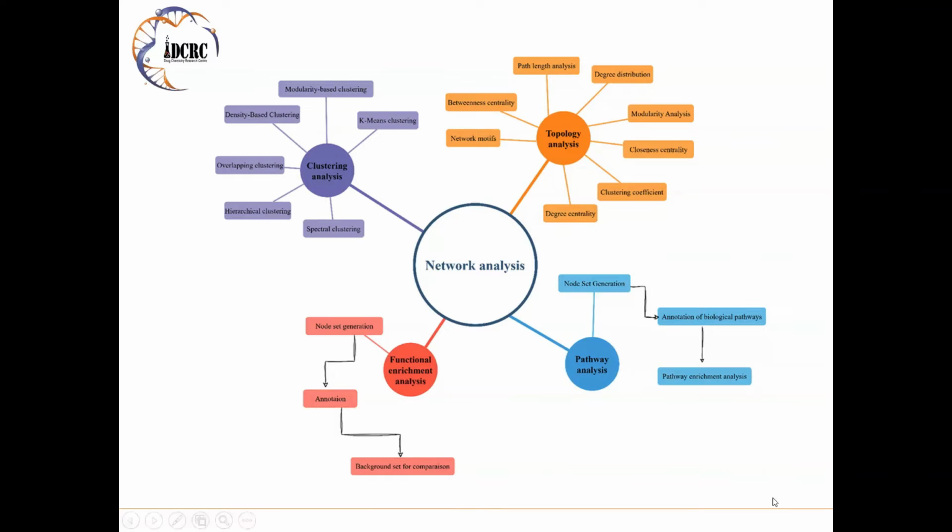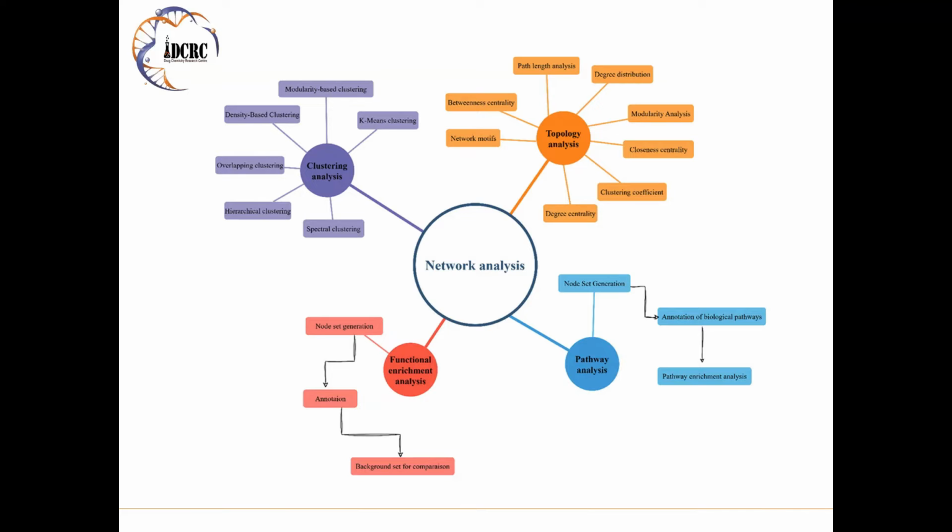Then the pathway analysis. We annotate a particular set of genes or protein interactions to find out the best possible pathway from the network. Then the functional enrichment analysis.